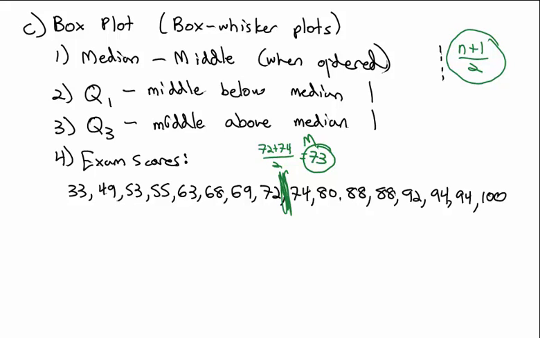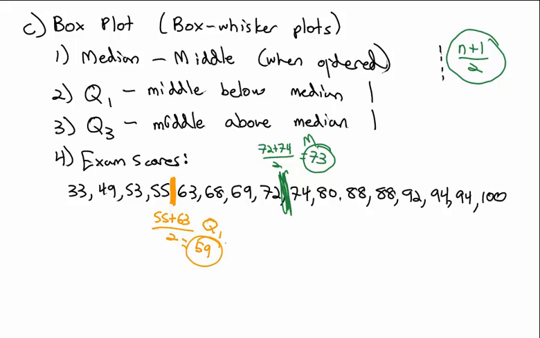Now for the Q's, the Q1 and Q3. Q1 is the middle of the bottom half. There are 8 in the bottom half. So 8 plus 1 is 9. 9 halves is 4.5. So it's between the 4th and the 5th value. So again, we're going to go 55 plus 63 divided by 2 is 59.